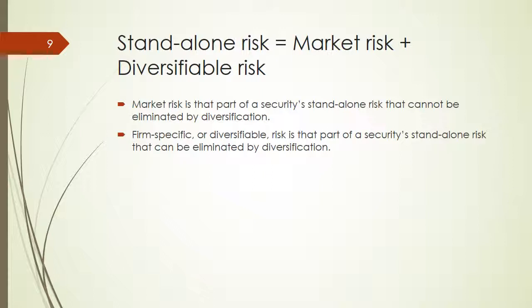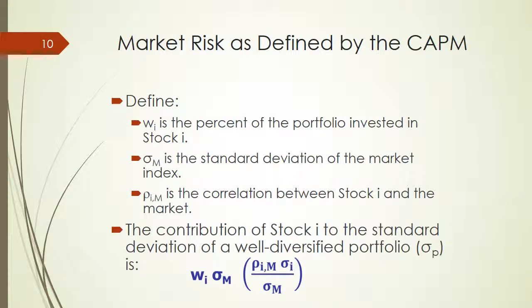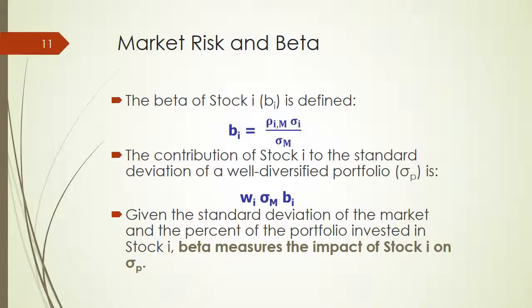Okay, total risk is going to be the market risk and diversifiable risk. To measure the market risk, we can use a model called the capital asset pricing model, which is CAPM. CAPM uses the contribution of a stock i to the standard deviation of a well diversified portfolio, which we also call the beta.